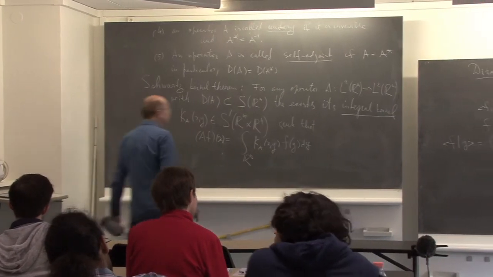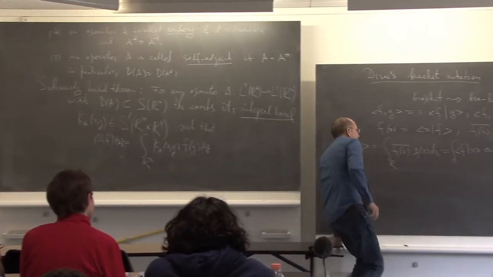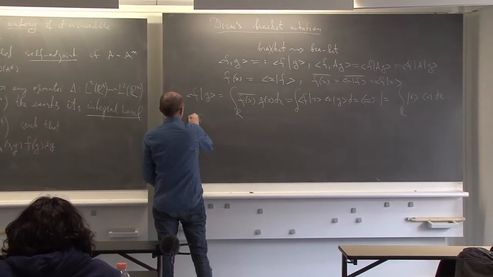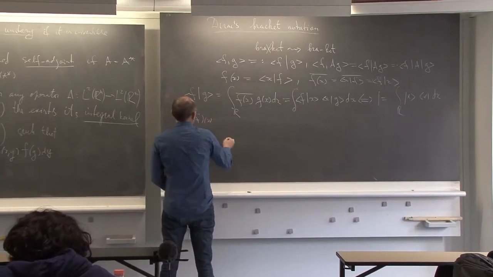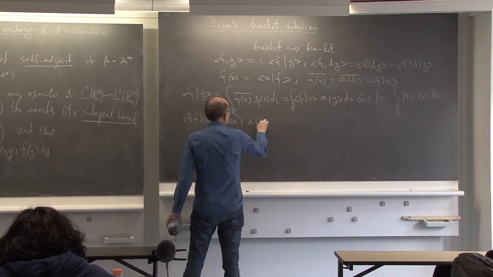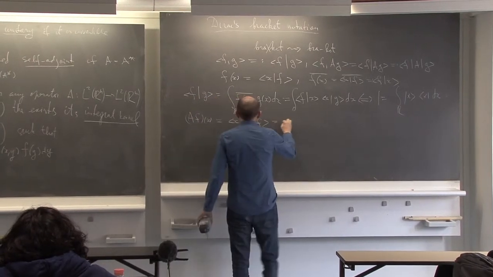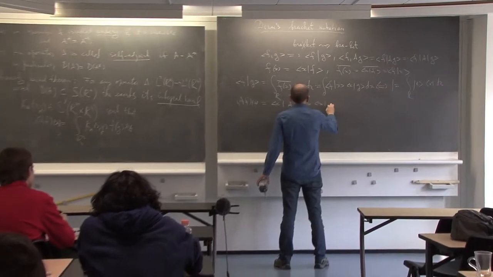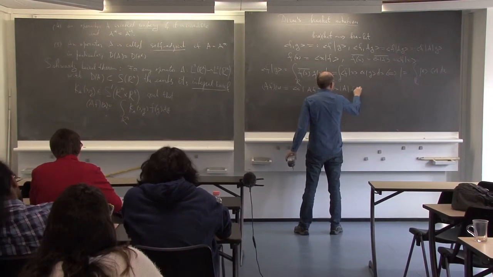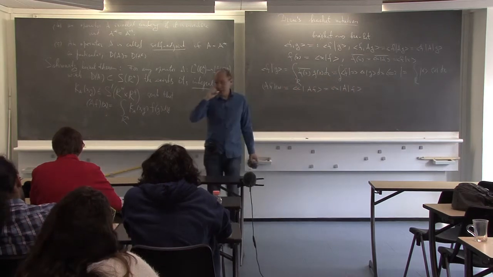Now let us see what happens with the kernel. So f of x. So this is a a f. And this is x bar a bar f. And now look at what happens.